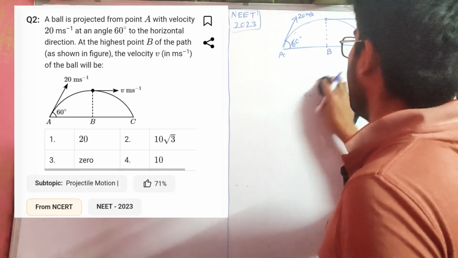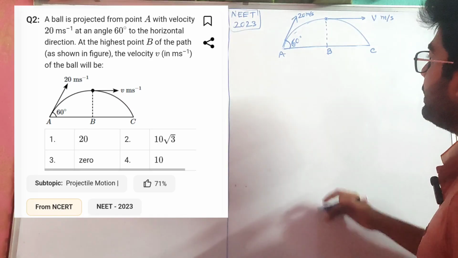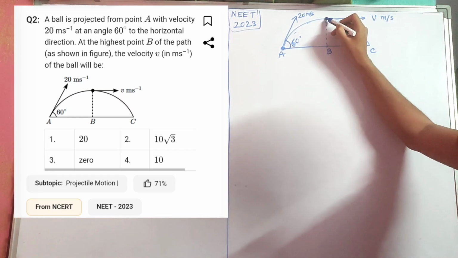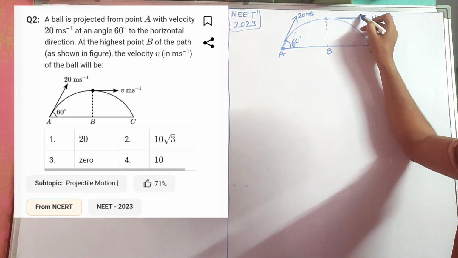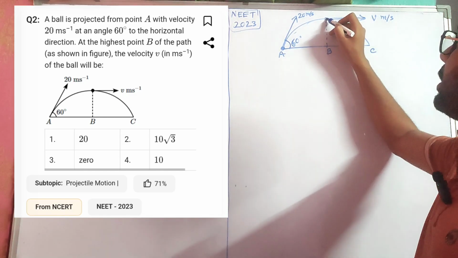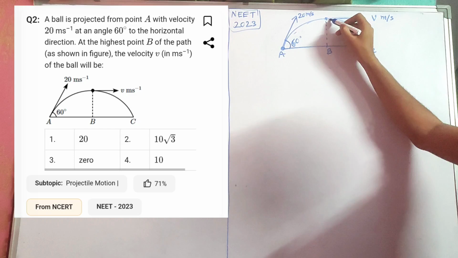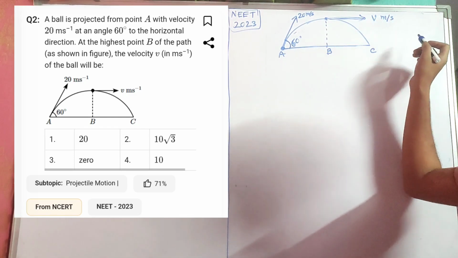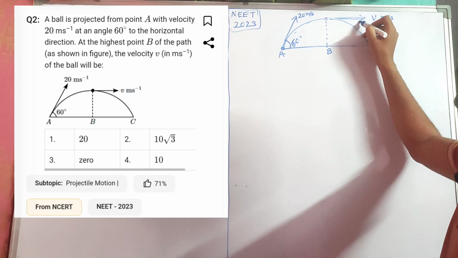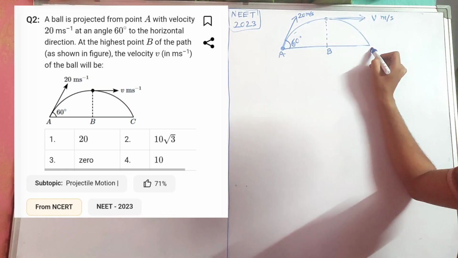Similarly, for this figure, this ball moves with velocity v along the horizontal axis. The velocity v along the horizontal axis.